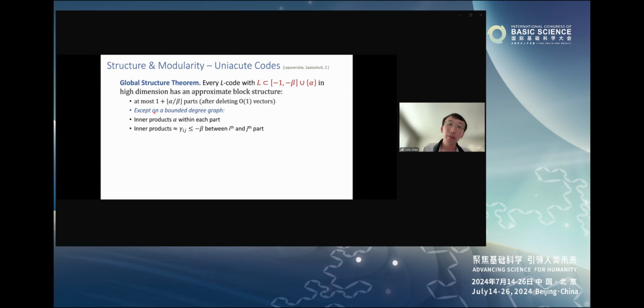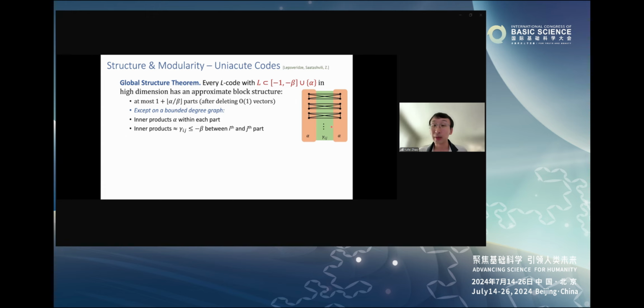And other than on a bounded degree graph, all the inner products inside the parts are exactly alpha, up to a bounded number of exceptions. And also inner products between parts are roughly the same number, some number gamma that may differ from pair of parts to pair of parts. So if you've seen something like the graph regularity lemma, it has that flavor.